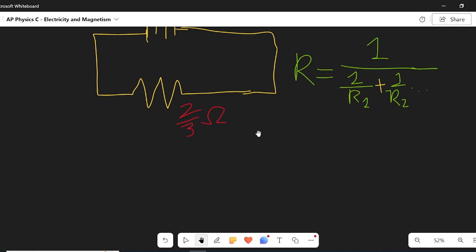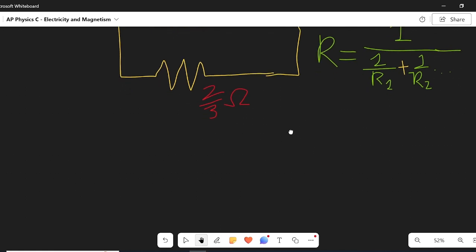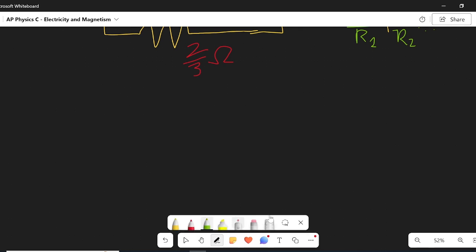So essentially, let's do a problem. Let's say we have, let's draw out a circuit actually. Let's draw out a circuit where we'll have the battery down here.